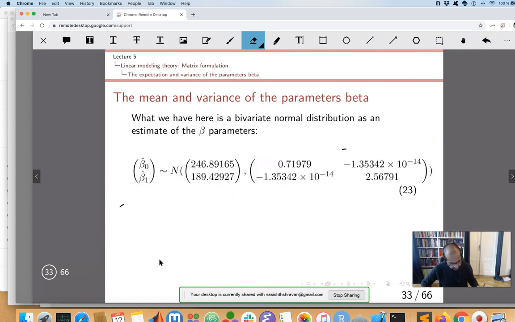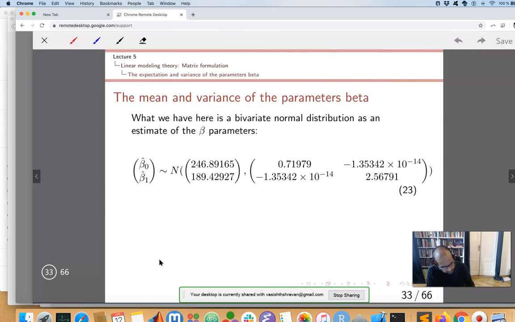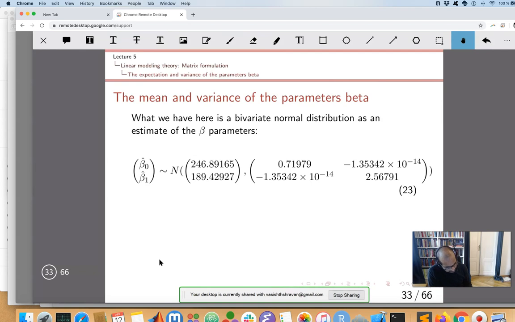What I'm trying to show you is that all this machinery that we just worked through is giving us, for each of the two parameters, beta 0 hat and beta 1 hat, the ability to talk about the sampling distribution of these two estimators under hypothetical repeated sampling.